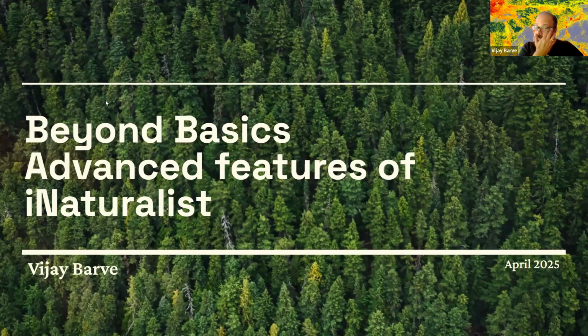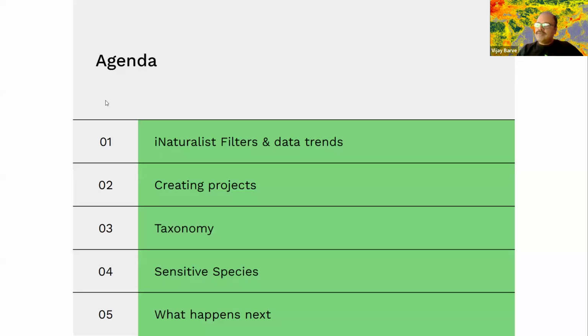So what I'm planning to cover today is some of the iNaturalist features and data trends, how you look at them, and how to create projects so that you can filter certain data and look at it separately. A little bit on taxonomy, how iNaturalist manages taxonomy, or the names that we link every record to.